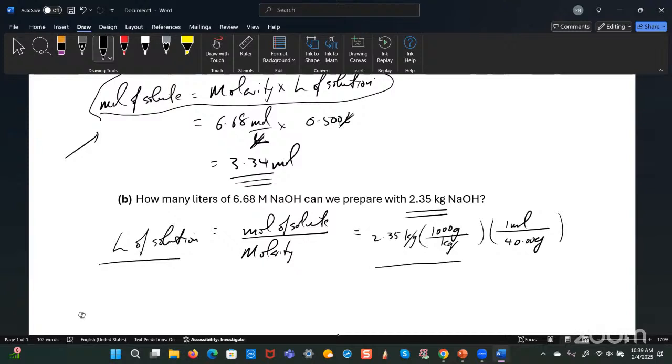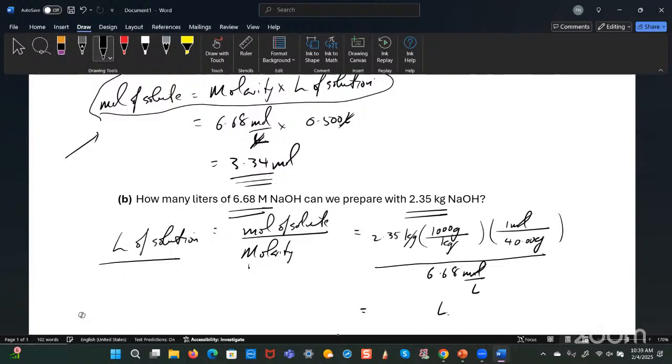And then we divide all of that by the denominator, which would be the molarity, which is 6.68 moles per liter, right? So the moles will cancel out here and here. So the only unit remaining after all the other units are canceled out will be the liter unit.